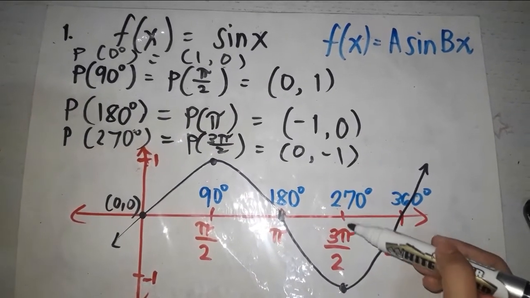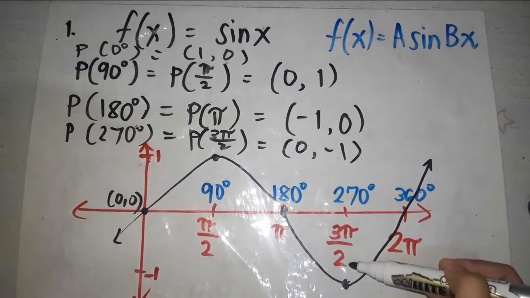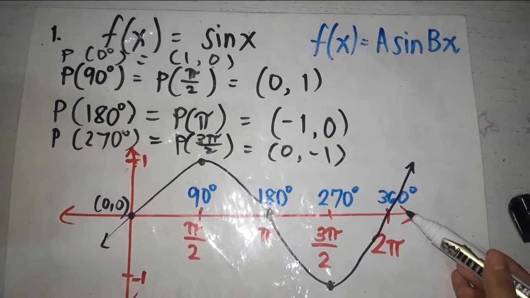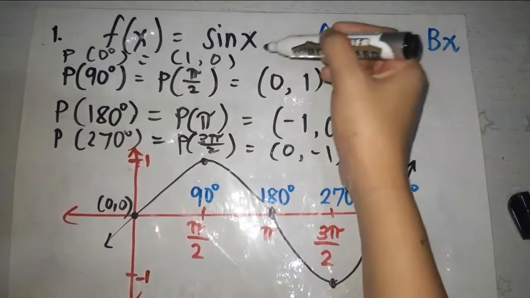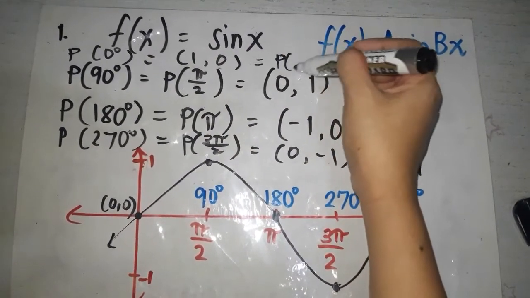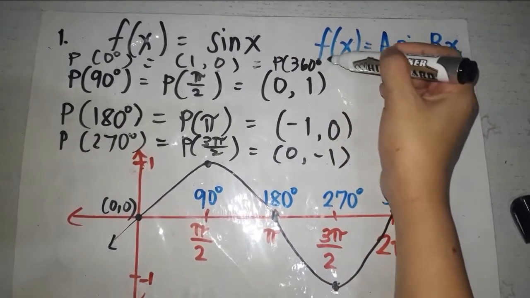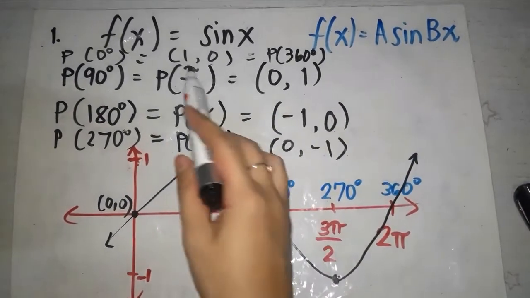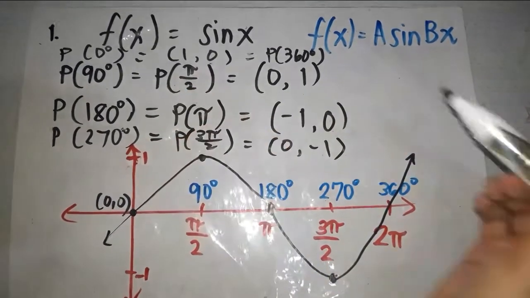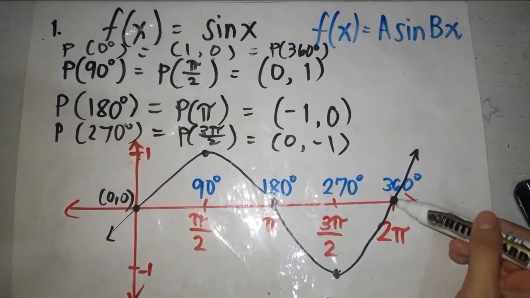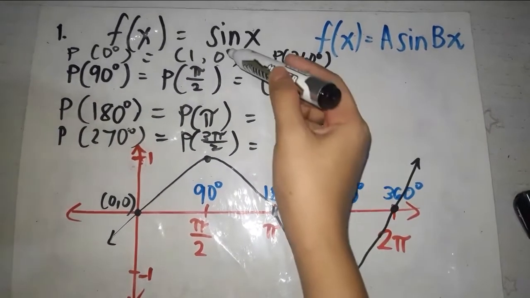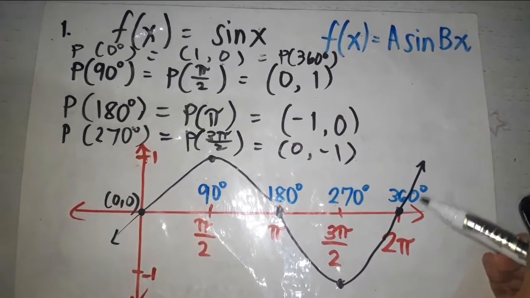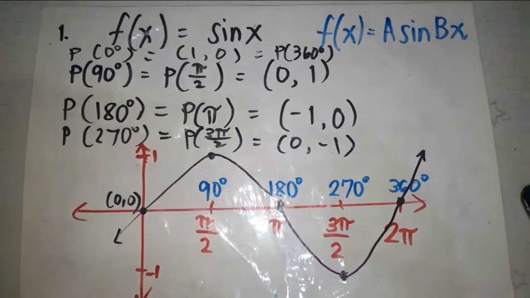So 3 pi over 2 and -1. Lastly, if we have 360 degrees, that's the same as this one. Remember, the coordinates of 0 degrees and 360 degrees are the same in the unit circle: 1 and 0. So we have here 360 degrees and the y coordinate is 0. So 2 pi and 0, 360 degrees and 0.